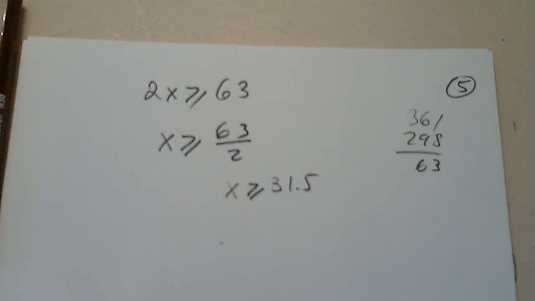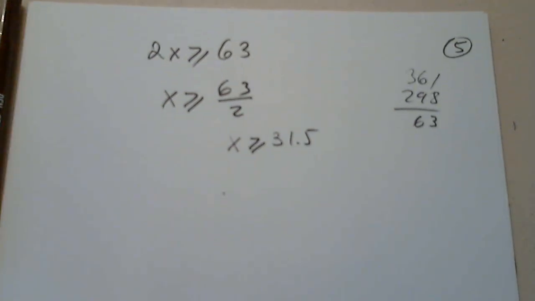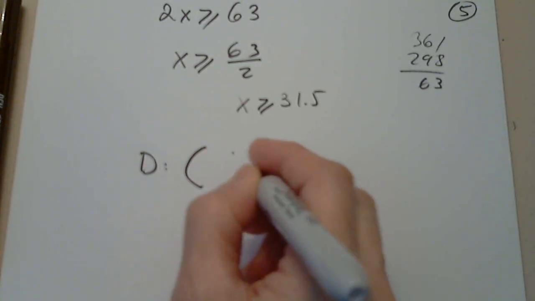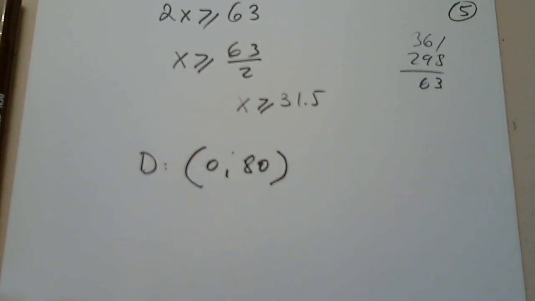So when I write the domain of this function, it's a very good exercise. When I write the domain of this function, I have to put parentheses, 0 and 80. I cannot use a bracket at either end, only because I have an open point. Okay?